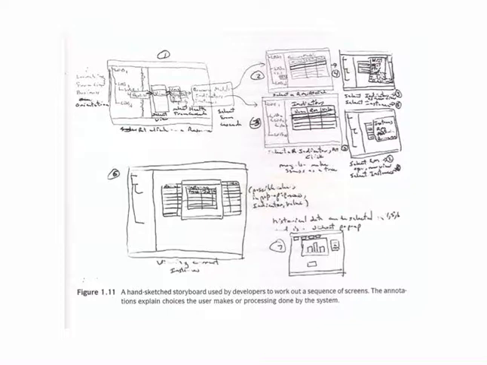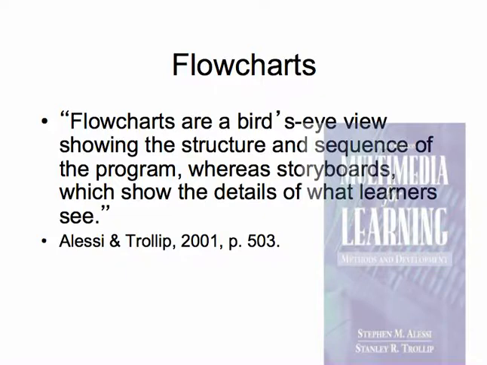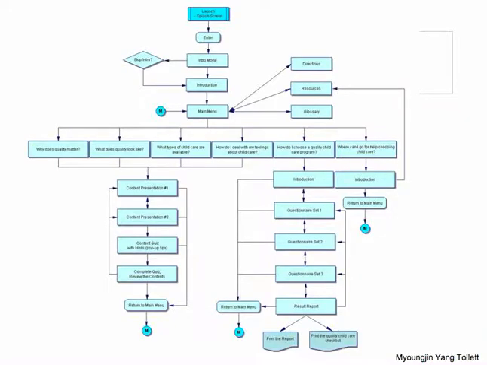A flowchart is like a bird's eye view that shows the structure and sequence of the program, and that's from Alessi and Trollope. All right, and that's the book that I'm referring to as we talk about a lot of these things. But it shows in detail what the learners are going to encounter throughout the experience. It doesn't try and capture all the visual aspects of the experience, but rather the major events of the experience.